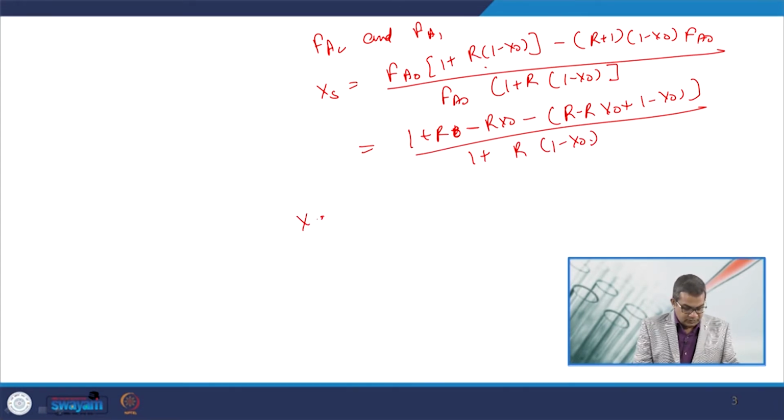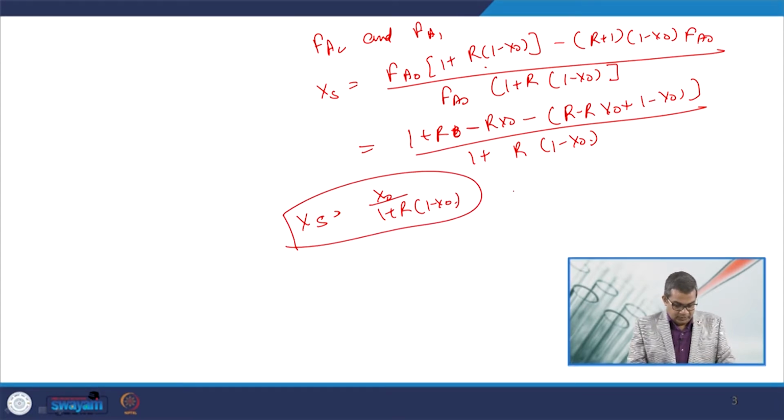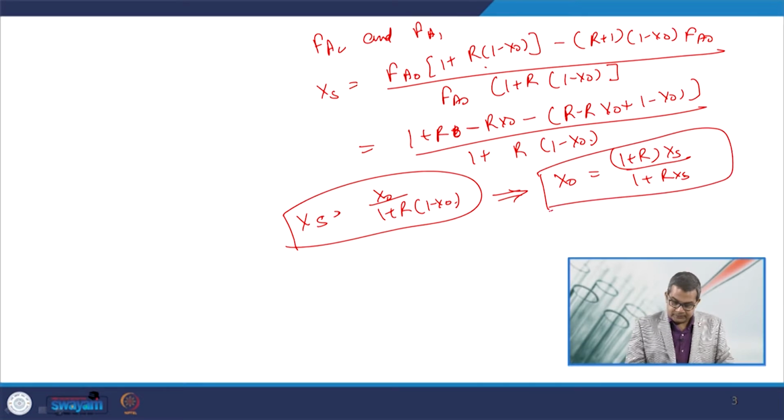So, at last we can write XS is equal to X naught upon (1 plus R (1 minus X naught)), and if we rearrange this, then X naught is equal to (1 plus R) XS upon (1 plus R XS).